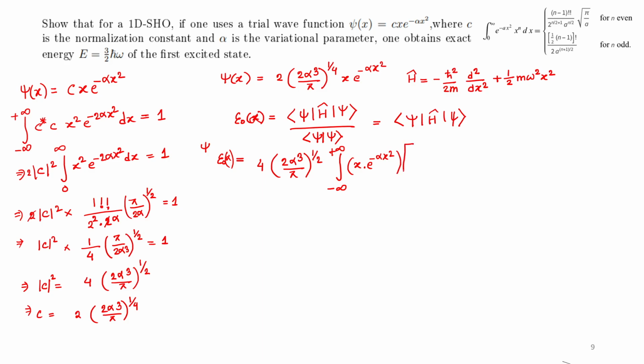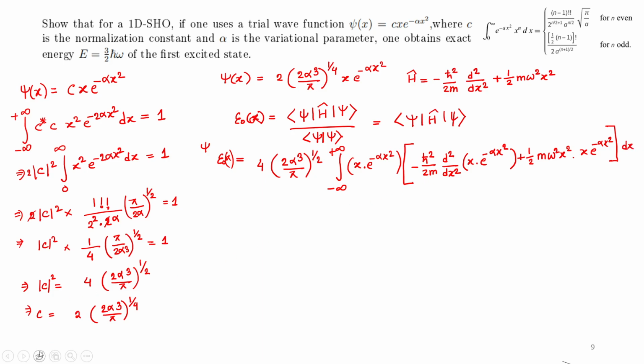Then we have minus h cut square by 2m d2 dx2 of x into e to the power minus alpha x square, right? And then we have half m omega square x square and x into e to the power minus alpha x square.